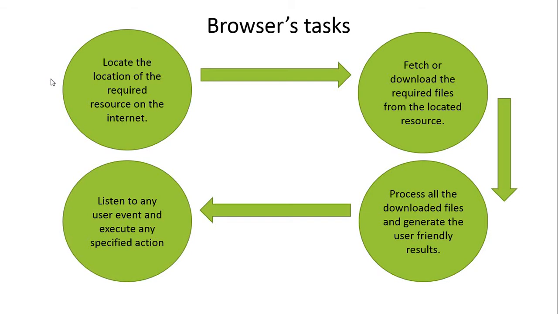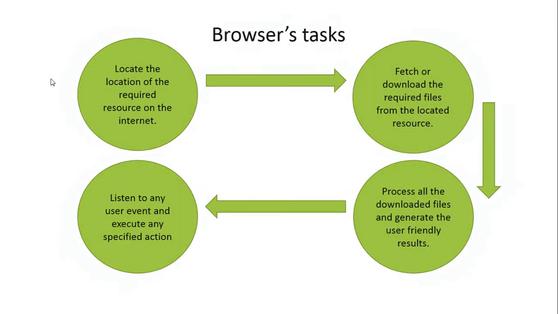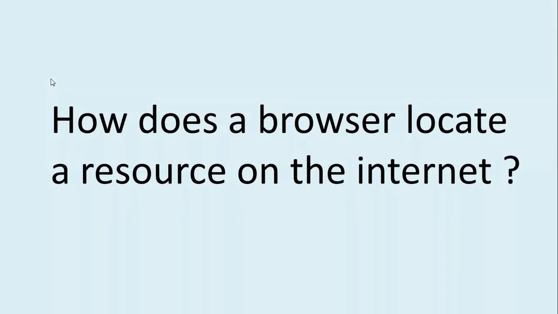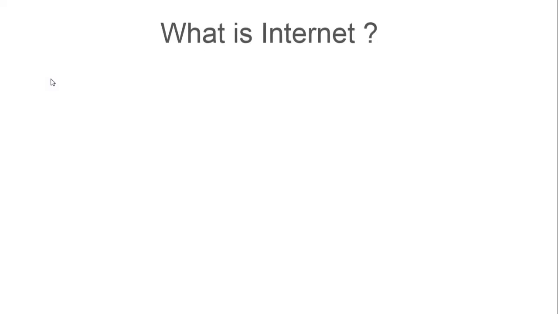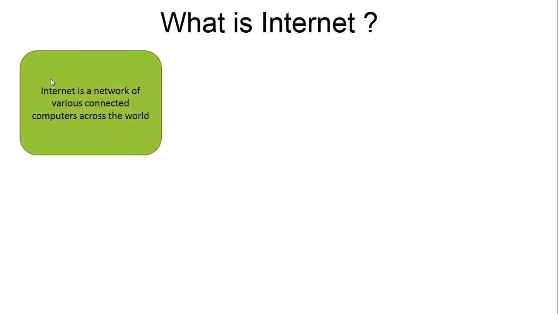In this video, we are going to focus on the first task, that is, how does a browser locate a resource on the internet? Before answering this question, guys, let us try to answer a common question. What is the internet? Now, the internet is a network of various connected computers across the world. Every computer that gets connected to this network becomes a part of the network itself.